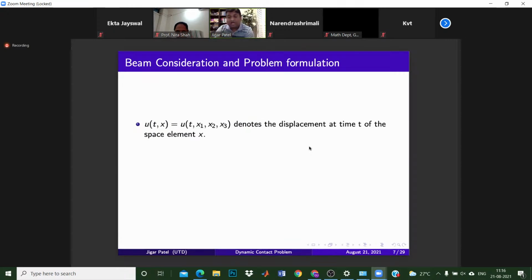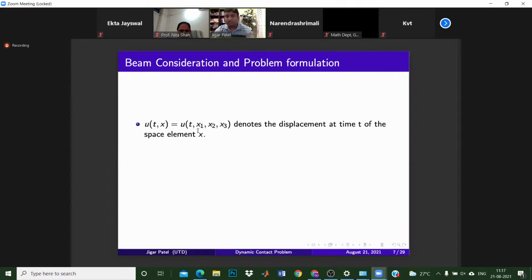u of t comma x really represents displacement of node x at time t, right? So it is a displacement of node x with respect to applied force. Now, let me mention here that t represents the time, x1 represents the variable that represents the height of the beam, x2 and x3 represent the length and thickness of the beam.